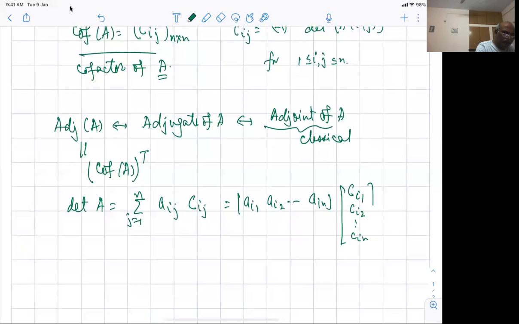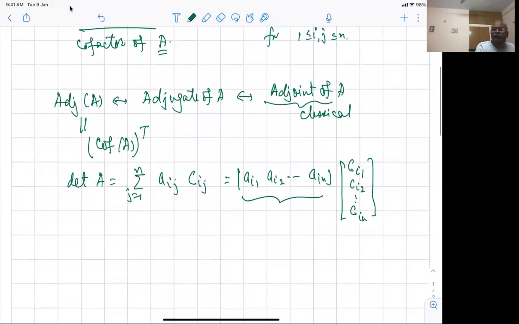I should not write small c, there may be some confusion, so let me write capital C itself, Cin. Fine. Is that okay? So this is the way you have to understand. Now, here I have the ith row and Ci1, Ci2, Cin. Fine. Since I'm looking at Ci1, I have removed the ith row. So the elements Ai1, Ai2, Ain do not appear in any of the Cij's.